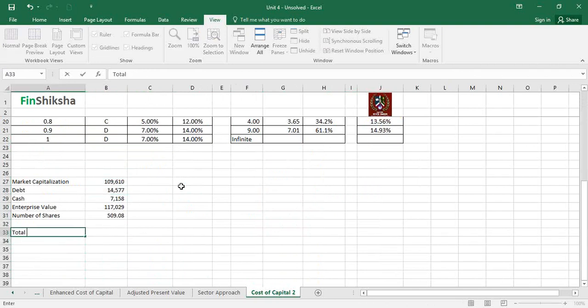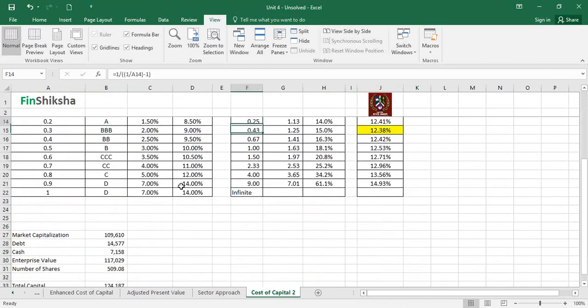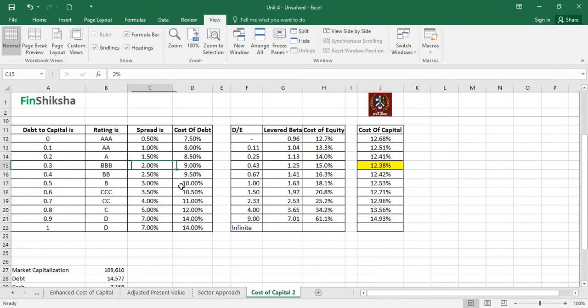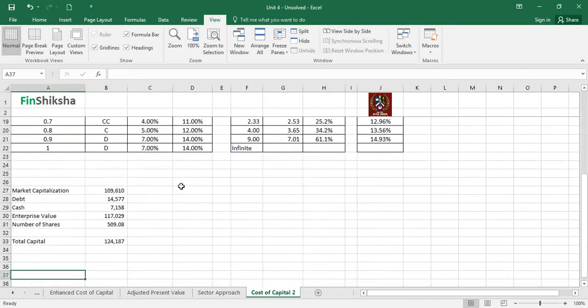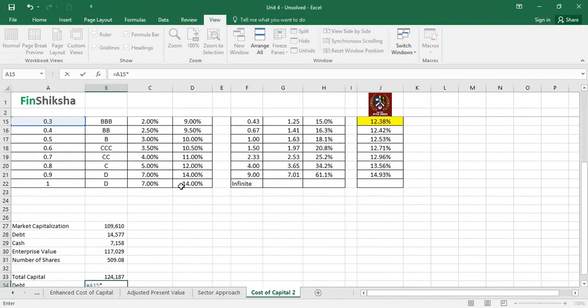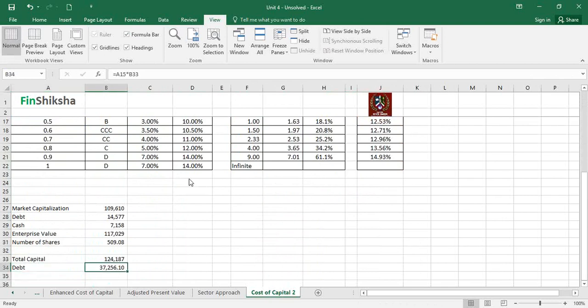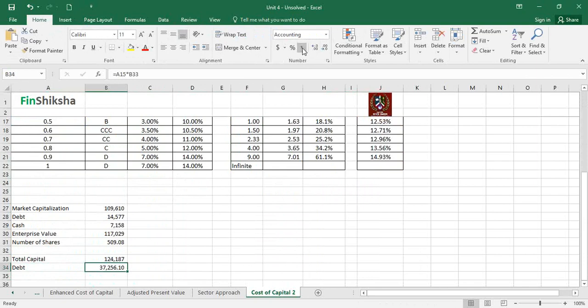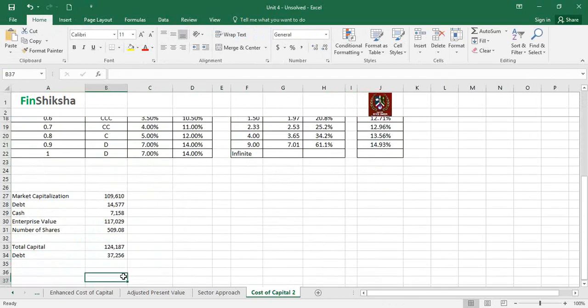So total capital that we see is A plus B, and this 0.43 is the debt to equity ratio, which means the debt to capital ratio is 0.3. So how much should be the debt out of this? That should be 0.3 into this number. So that's the debt number that we are looking at effectively. So we're looking at 37,000 million of debt that should come in.